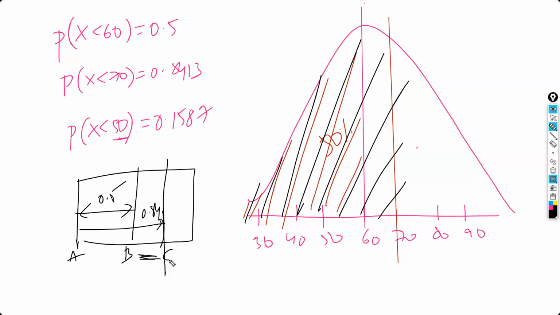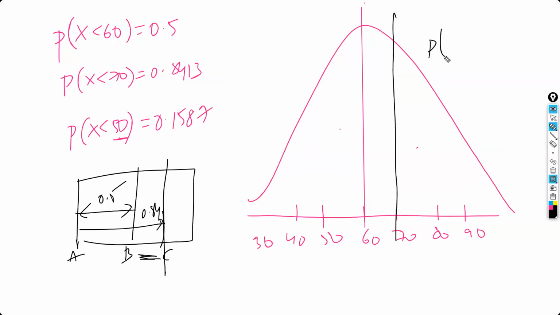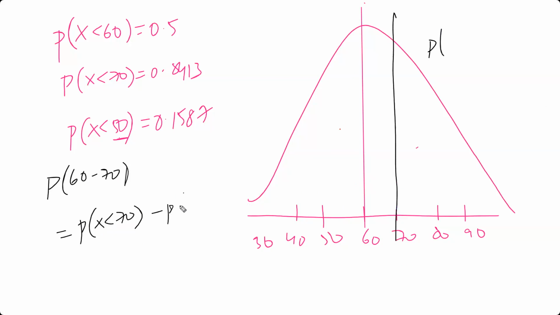Everyone, so what is the area between 60 to 70 now? What is the probability between 60 to 70? If I ask the question, what is the probability of 60 to 70? First you have to calculate the probability of x less than 70 minus the probability of x less than 60.